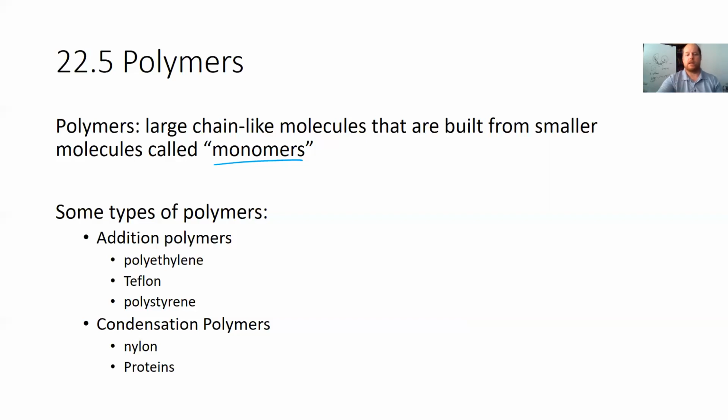One of the ones we're going to look at is the addition polymers. Essentially, you have small molecules that add on one after another to form really long chains. We'll also look at some condensation polymers. Condensation polymers happen through dehydration reactions, as you might expect, something to do with water.